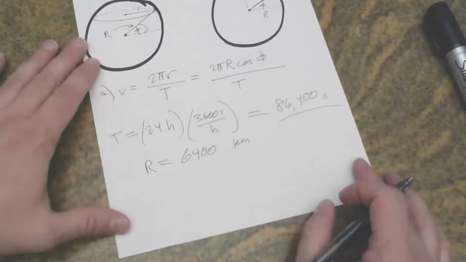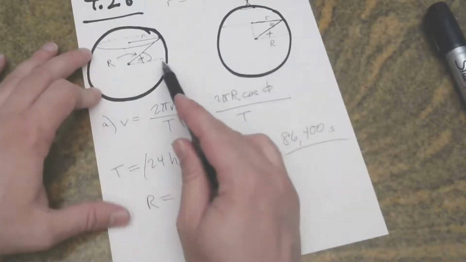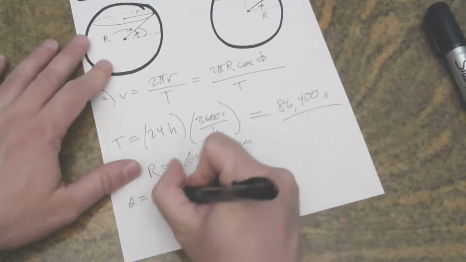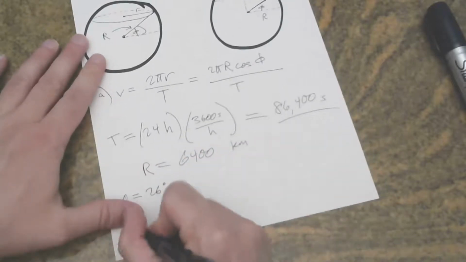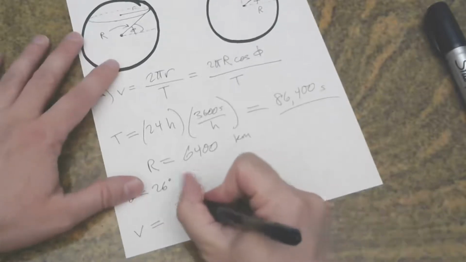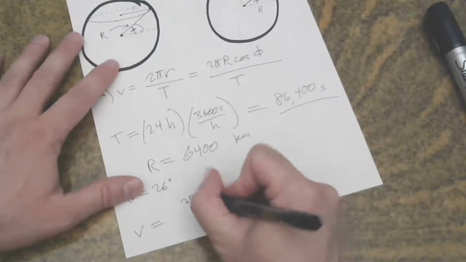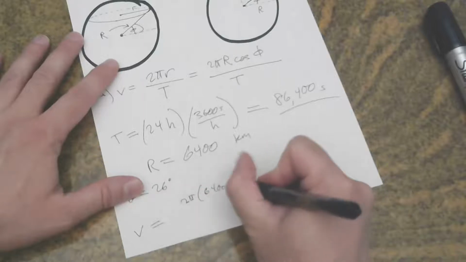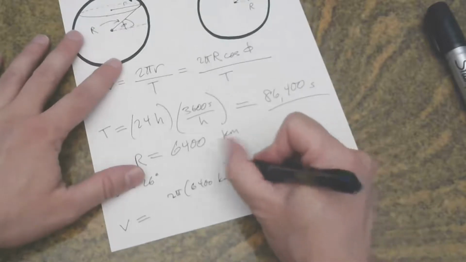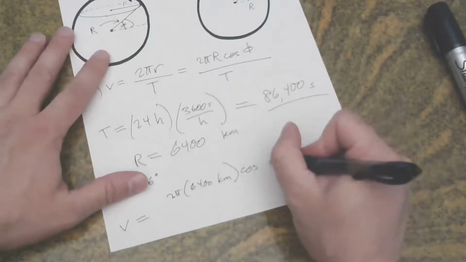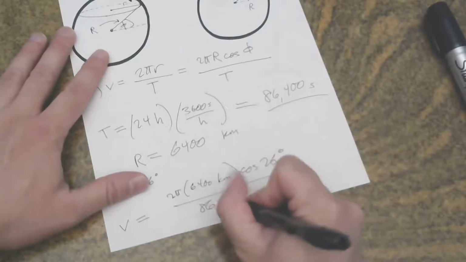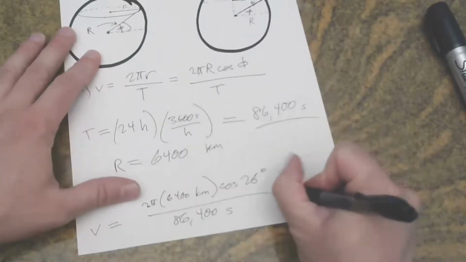Okay. And for part A, we're told theta is 26 degrees, we're in Miami. So here it is. The speed is, that's fairly close to the equator, 2 pi times 6,400 kilometers. So if I'm using kilometers, my speed will come out in kilometers per second, times the cosine of 26 degrees divided by that 86,400 seconds.